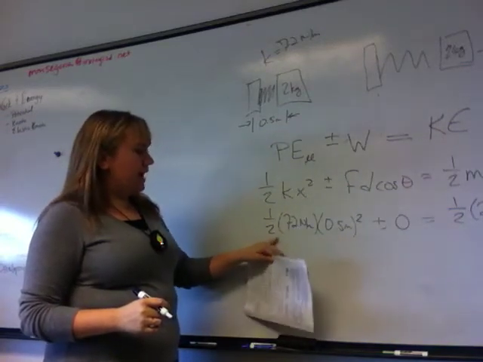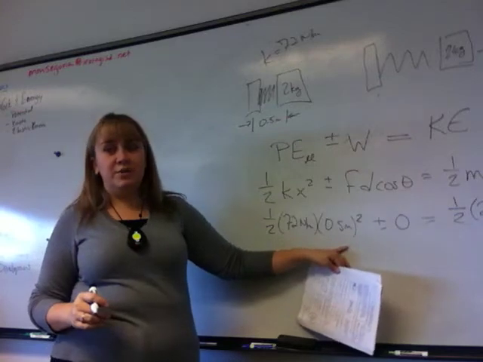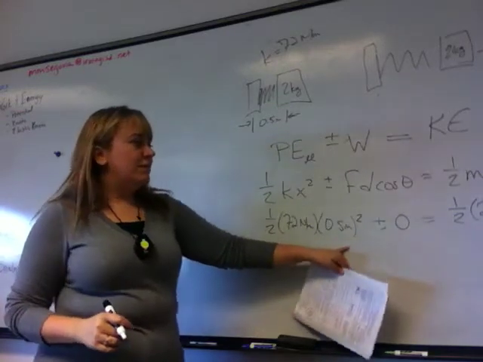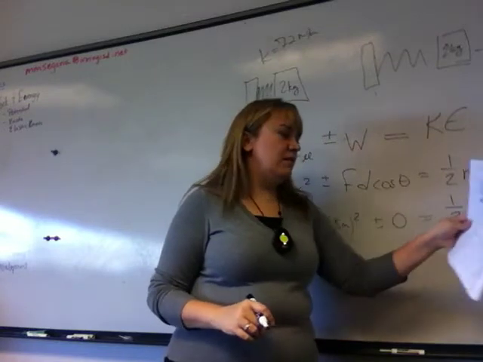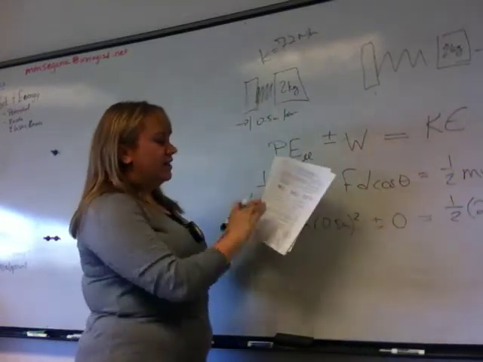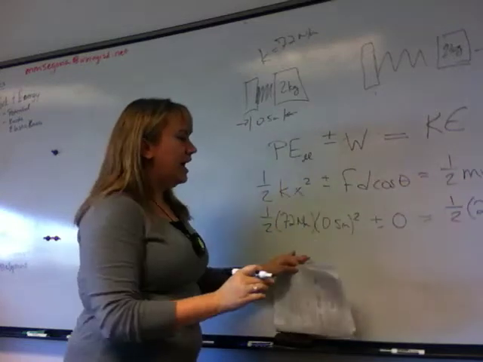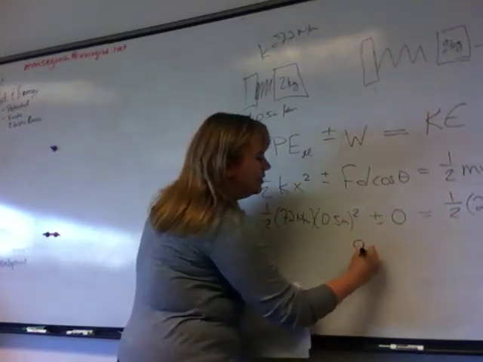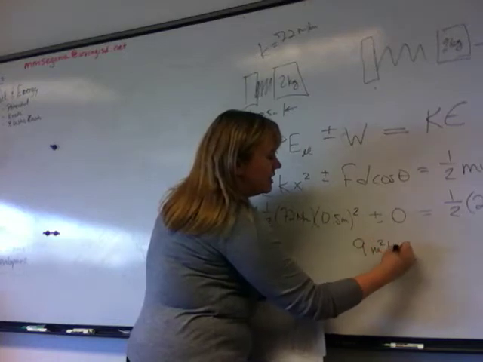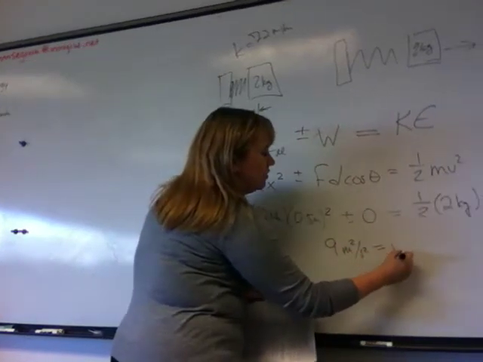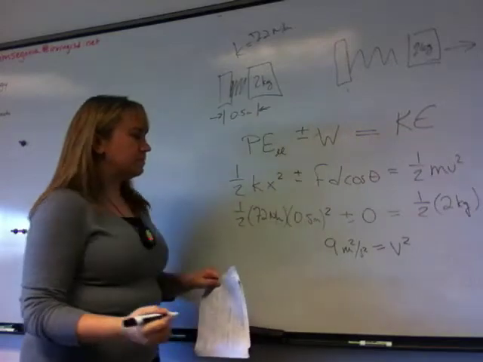You've got 1/2 times 72 times 0.5 squared equals 1/2 times 2v squared. Since you guys already have it on here, I'm going to cut to the chase. You're going to end up, after you do all your math, with 9 meters squared per second squared equal to velocity squared.